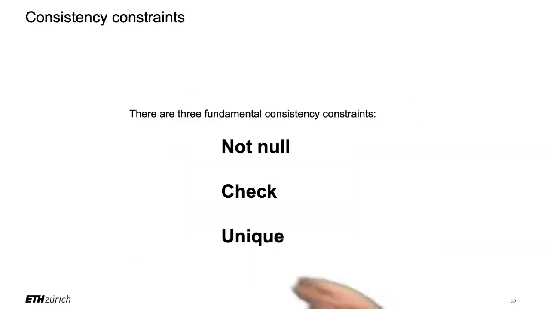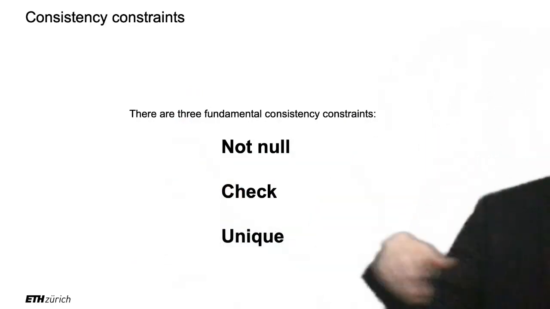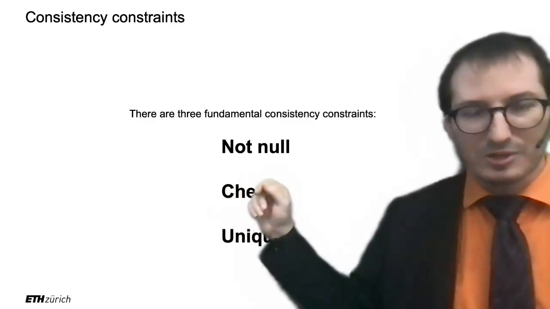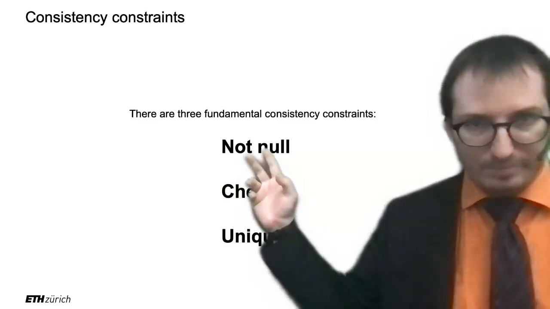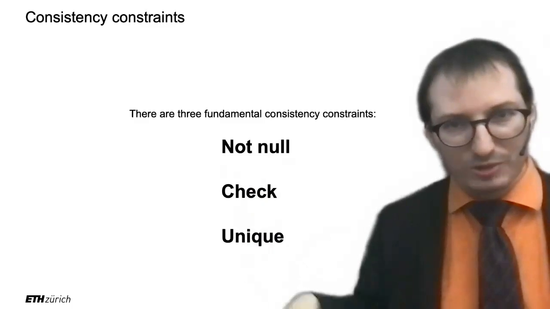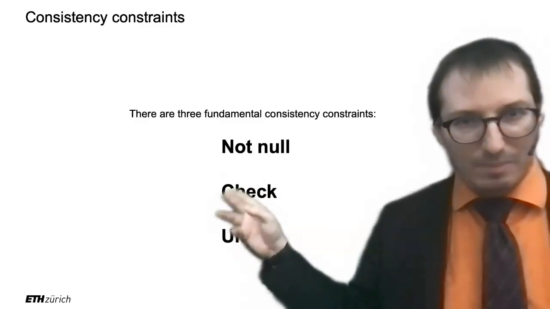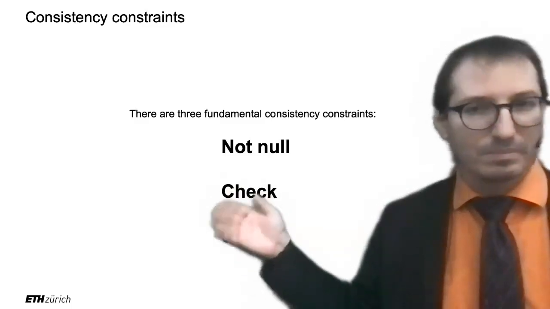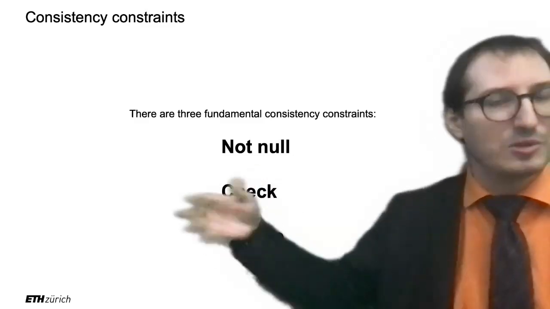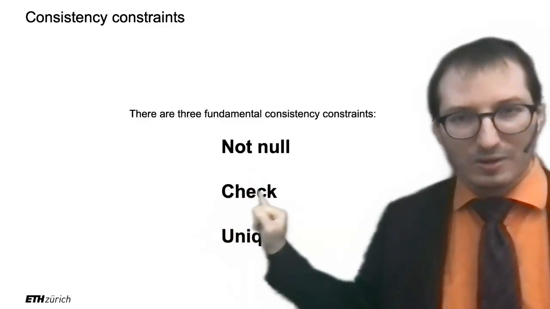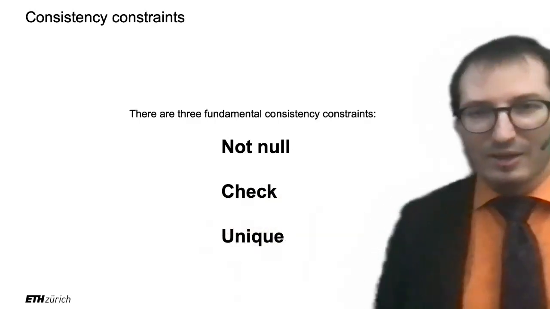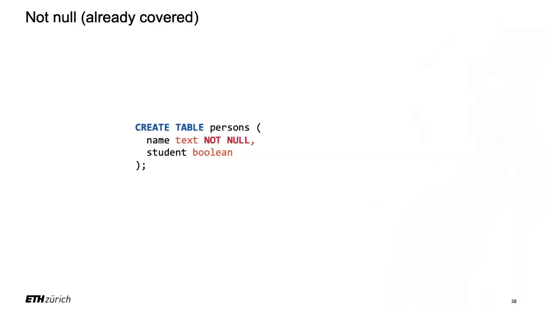And I'm going to cover these three, plus probably the foreign keys as well, which could be considered a consistency constraint as well. So this we actually already saw, right? That's the NOT NULL. We can add some self-coded checks, in the sense that you write them down, so customized checks, and UNIQUE. All right, so NOT NULL we already covered.